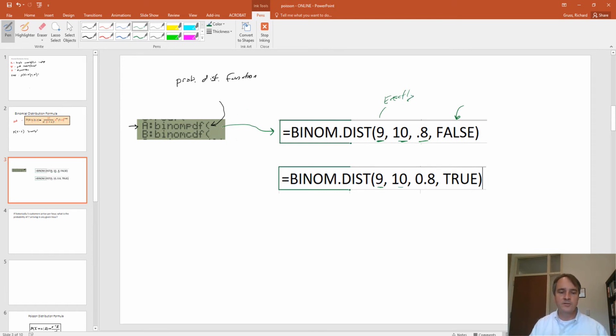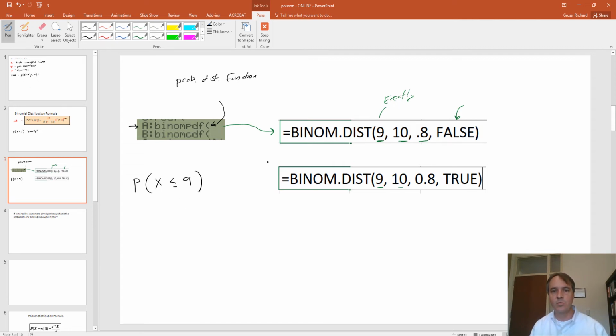Okay, so we also saw that we weren't just interested in an exact value, but we were curious about, well, what's the probability that x is going to be less than or equal to, say, 9? This is really more like a real world question that you would have.